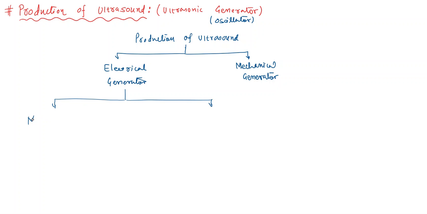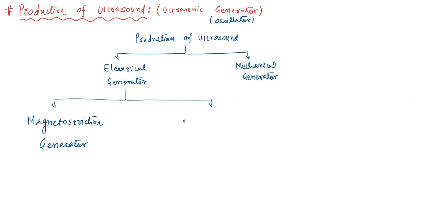One is based on the magnetic effect, which is known as the magnetostriction generator or oscillator. So the first generator uses the magnetic phenomenon known as the magnetostriction effect, and the generator is named from the same effect.